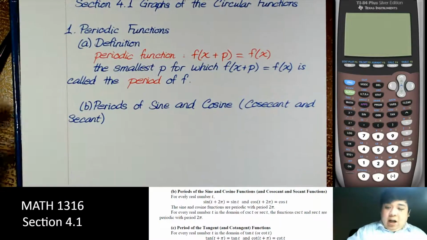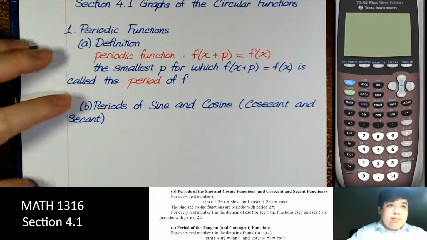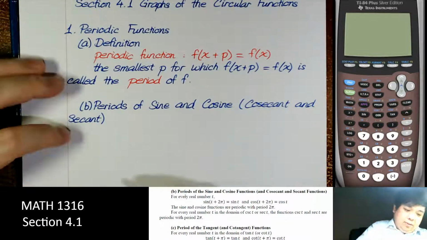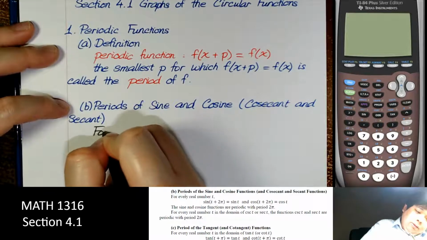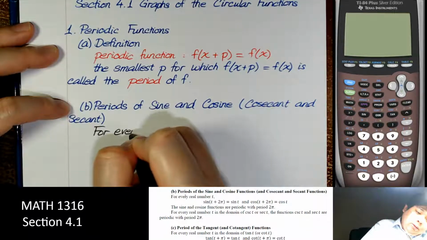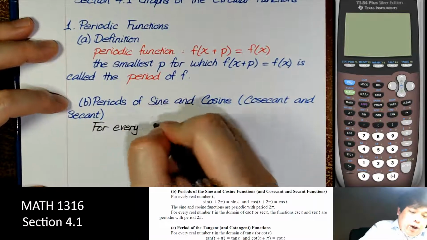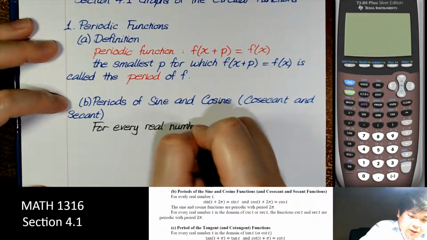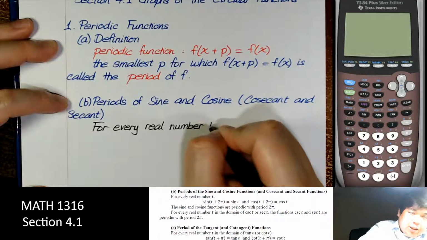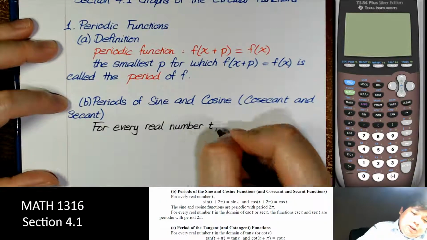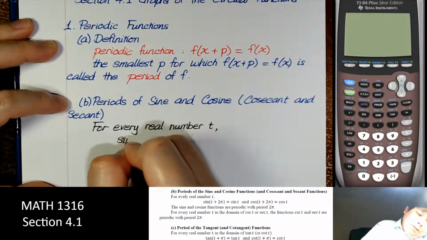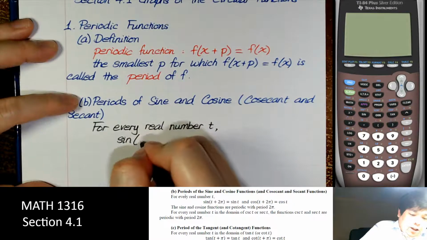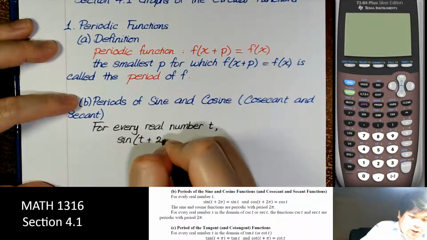Because of that, we can say for every real number t, sine of t plus 2 pi.